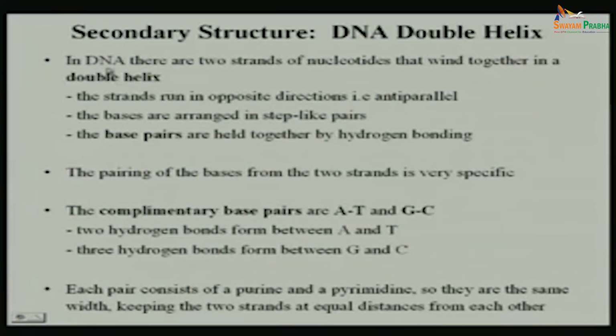That means, in DNA there are two strands of nucleotides that wind together in a double helix form. The strands run in opposite directions, that is, anti-parallel to each other. What does it mean?